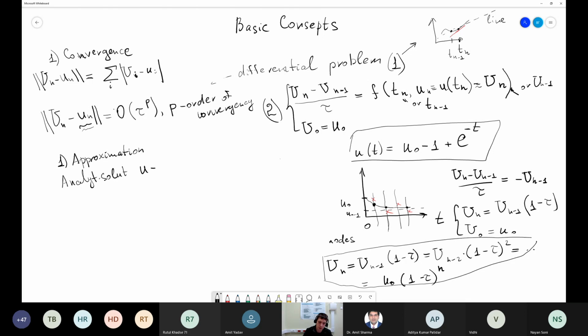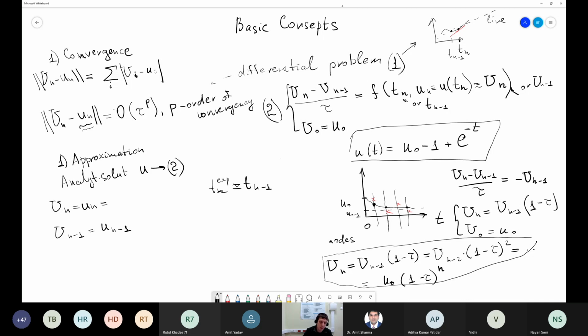So let's try to check. Let's say that u at n minus 1 equals u_{n-1}. Let's use the Taylor expansion near the point t_{n-1}.